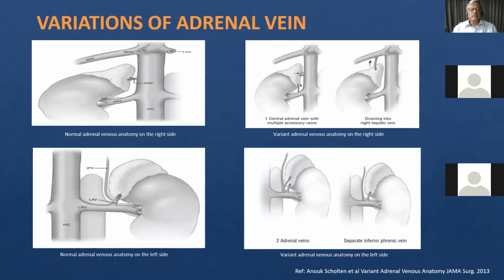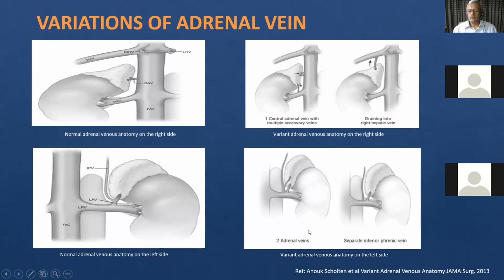The left two images show normal adrenal anatomy, and the right two images show variations in the venous system of the adrenal anatomy. Normally, the right adrenal vein directly opens into the inferior vena cava. Here, there could be variations like one central vein with multiple accessories, or the right adrenal vein directly opening into the right hepatic vein.